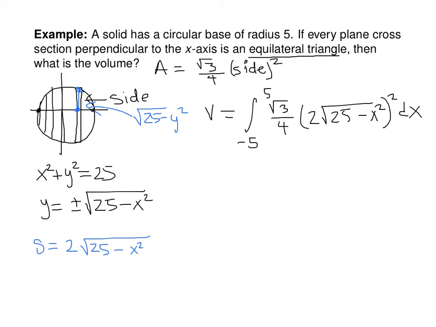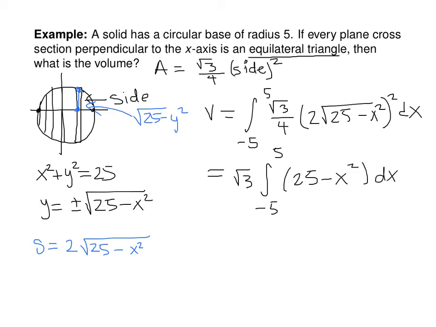Now when you square this 2, you get a 4, which cancels with the 4 in the denominator. So we have root 3 times the integral from -5 to 5 of 25 minus x squared dx.